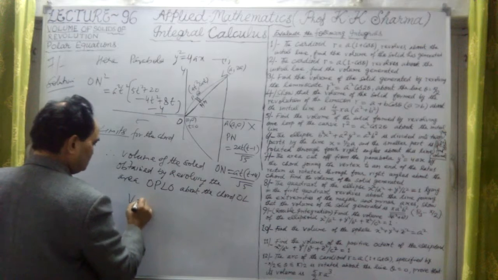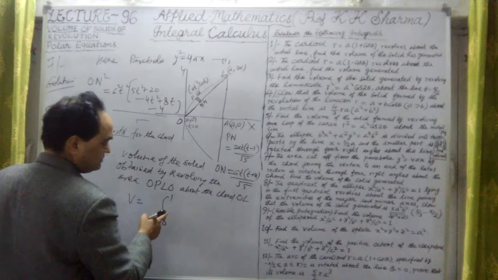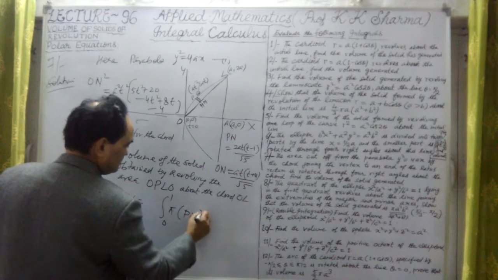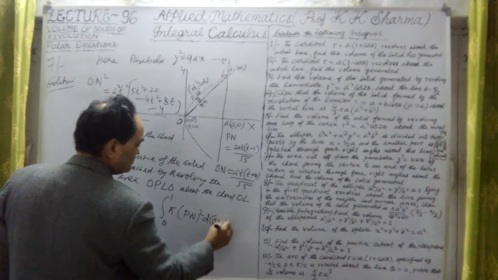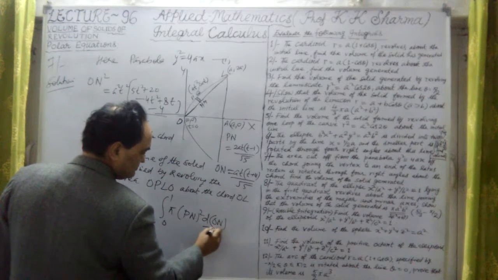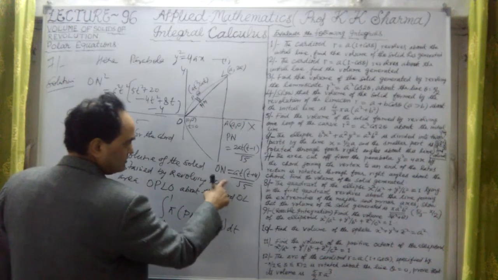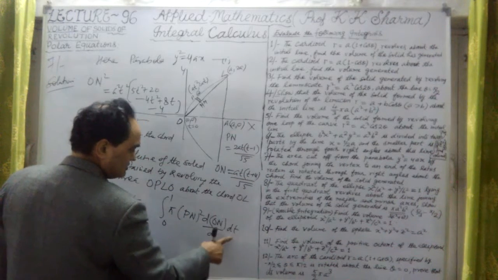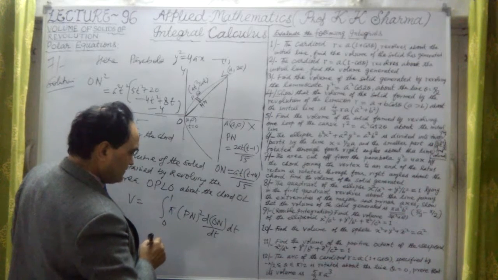So this volume is given by, with limits 0 to 1 in terms of t, pi into PN square into d of ON. Try to understand. This is d by dt, and dt. Whatever value of ON it is, it has to be differentiated with respect to t, and then integrated. So that is the final value.